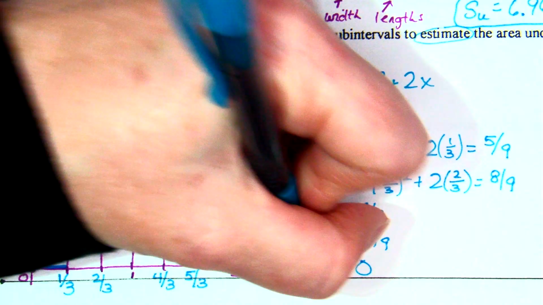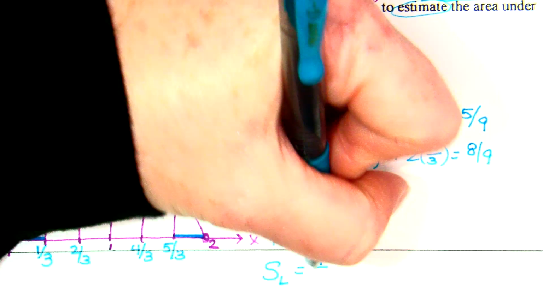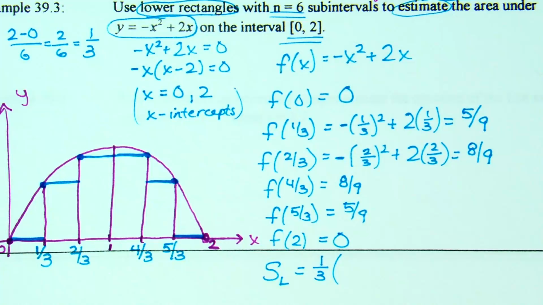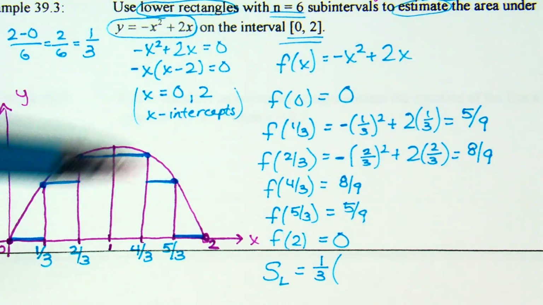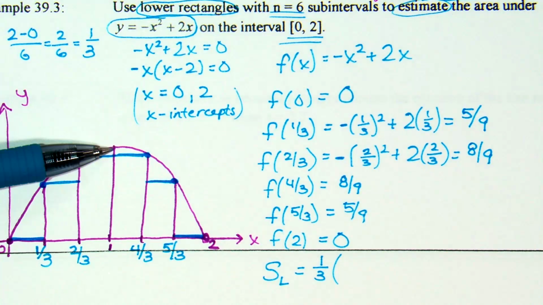So in order to do my sum of my lowers here, what's the width of all of these? What did you guys skip? We're going from 0, 1/3 to 4/3. 0, 1/3, 2/3. We just skipped one. But we don't have a rectangle using 1.